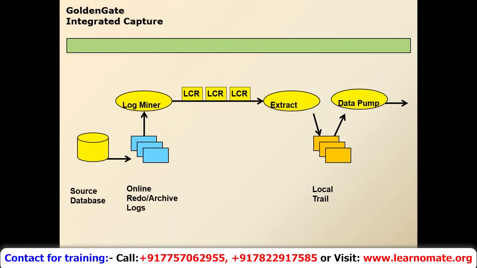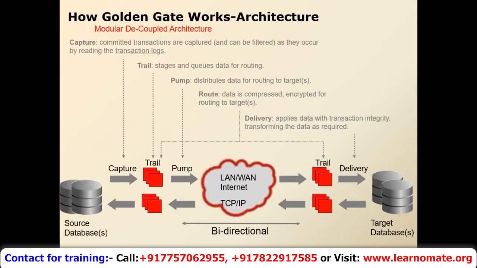So the answer to this question is, in classic capture, even though there is no extra layer, classic capture is reading the transaction logs sequentially. Now, GoldenGate, as I told you, is a tool which is external to the database. Suppose the redo logs contain transactions related to system and application schemas.